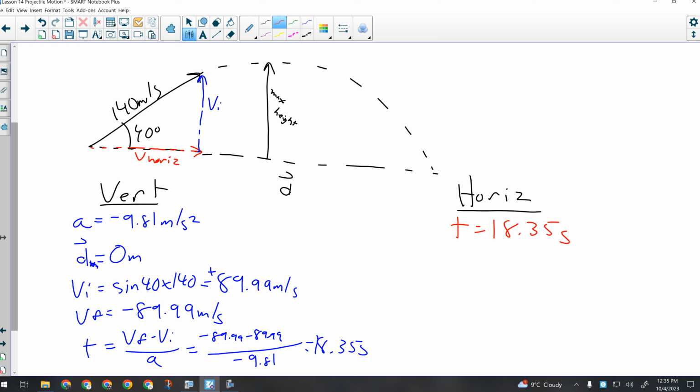All right, I still haven't calculated the horizontal component of that launch velocity of 140. So I've got to find this side of the triangle. It's the adjacent side, so I'm going to go cos of 40 times 140.